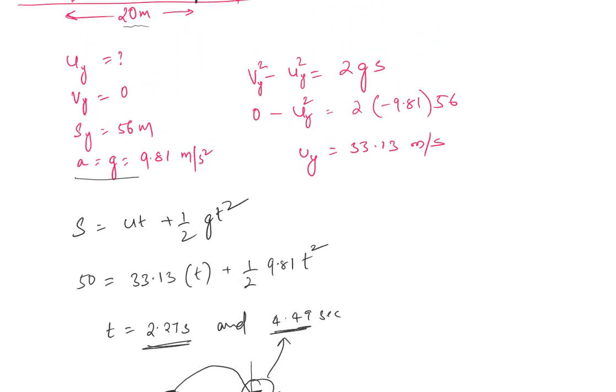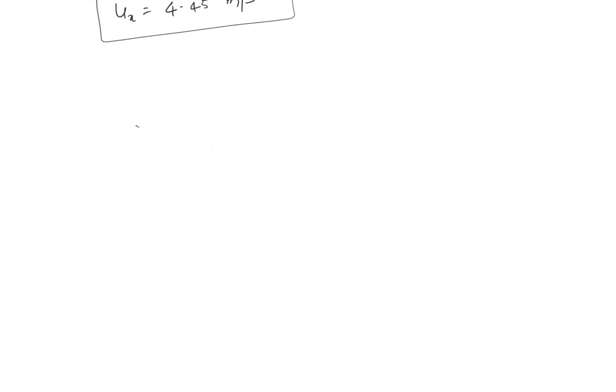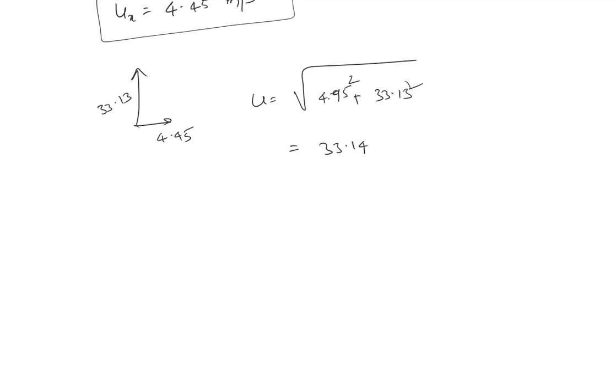And previously we got uy. So from ux and uy, 4.45 and 33.13, when you take the square root, u is the square root of 4.45 squared plus 33.13 squared, you get 33.43 meters per second.